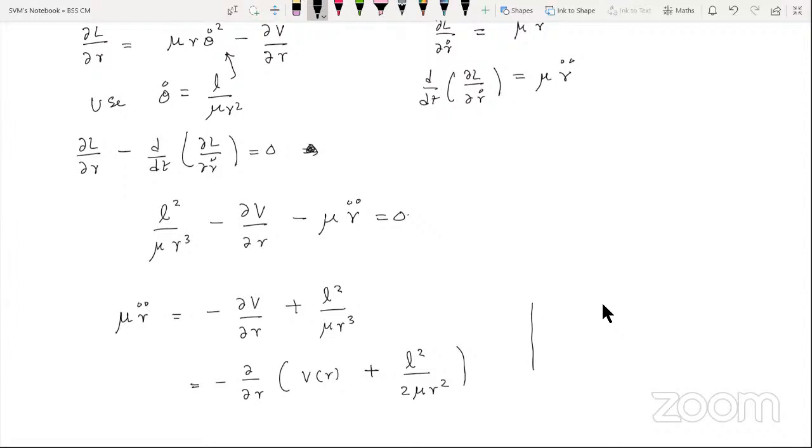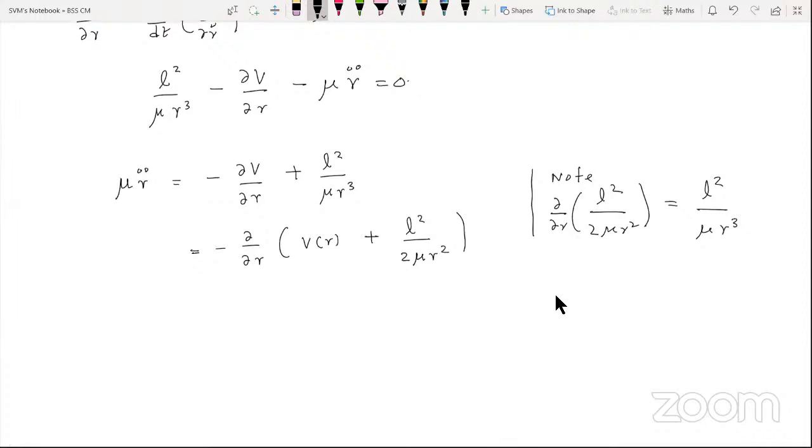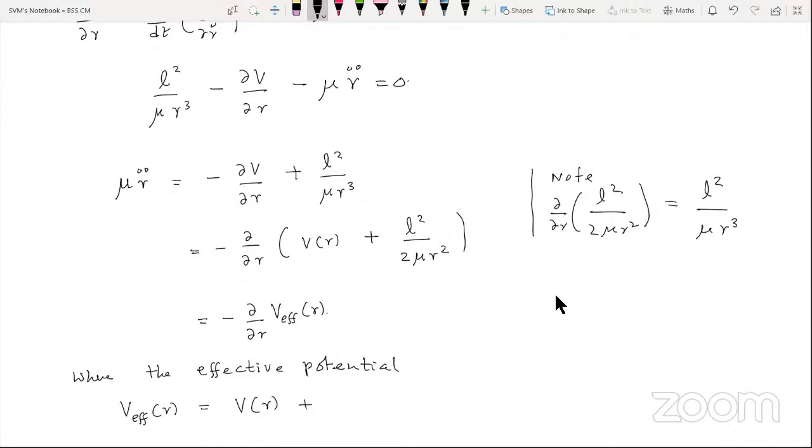Okay. So note that del by del R of L square by twice mu R square is equal to L square by mu R cube. So this you can verify. So I am going to call this one as minus dou by dou R of some effective potential, V effective of R, where the effective potential, which I will call V effective of R, is equal to the given potential V of R plus L square divided by twice mu R square.